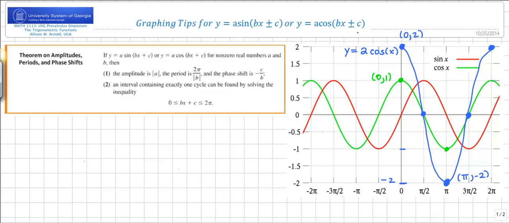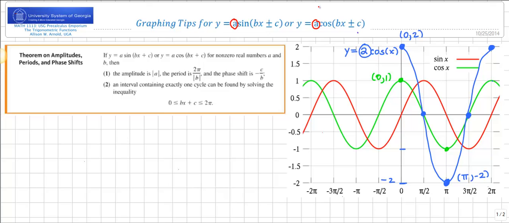You can notice in this graph that your highs and lows are directly affected by the vertical stretch or compression. So the bottom line is that if you have a basic sine or cosine curve, the vertical stretch or compression is an indicator of the amplitude.